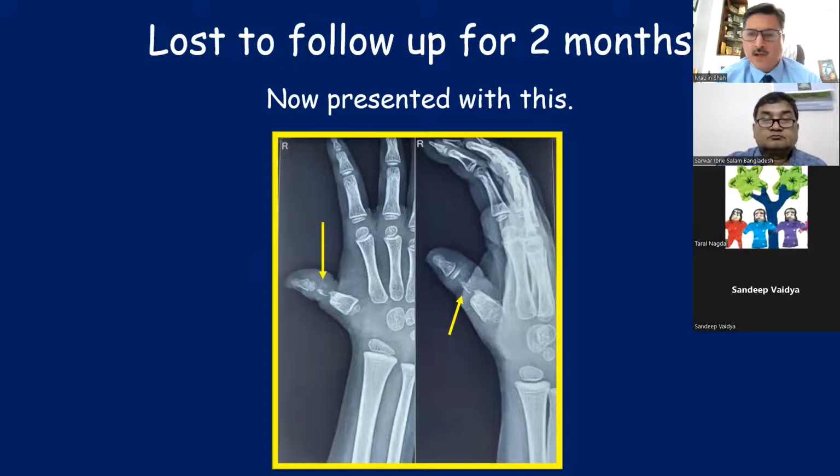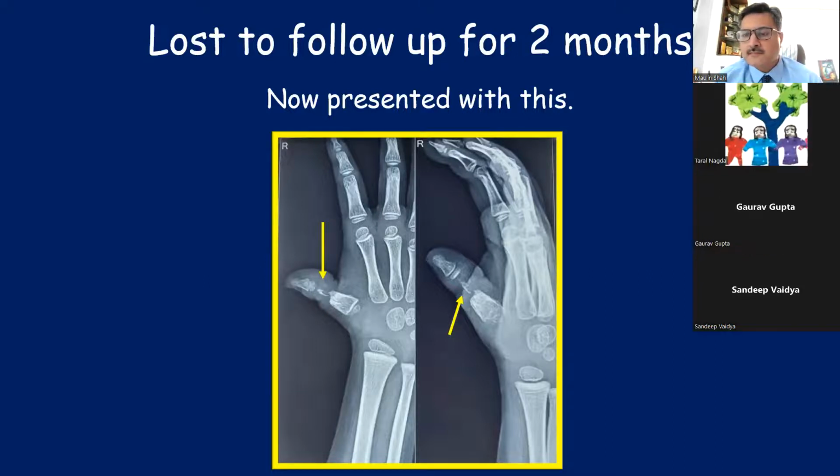Sandeep, Taral, Sarwar, Gaurav, how would you immobilize it? Or you would just debride and apply plaster and come for the definitive management later? So I will use an X-fix. Can we use some sort of external fixator like a mini X-fix? Right, like a JESS fixator, as Tushar is saying.